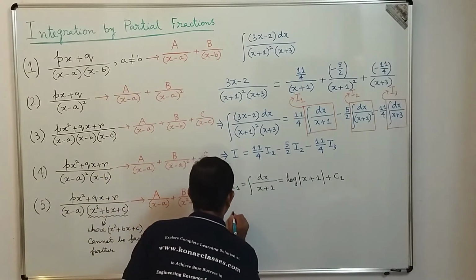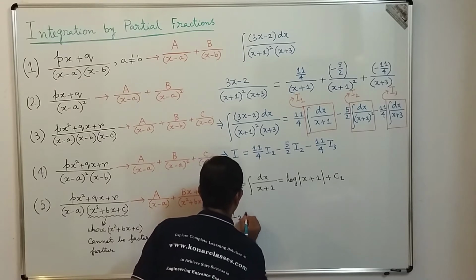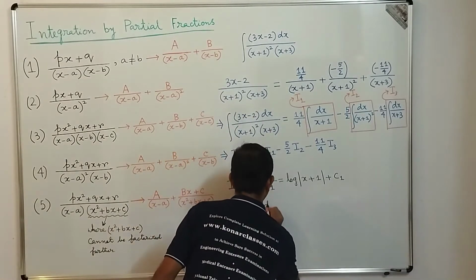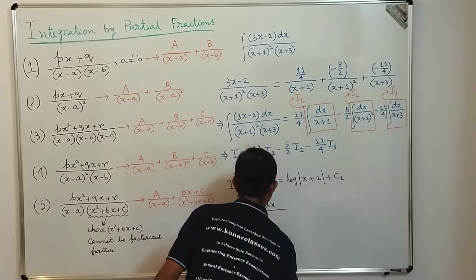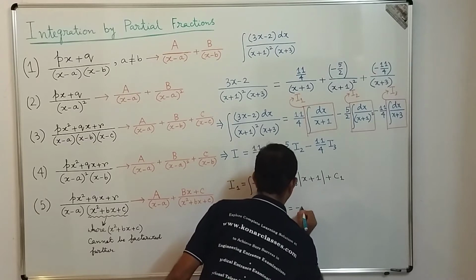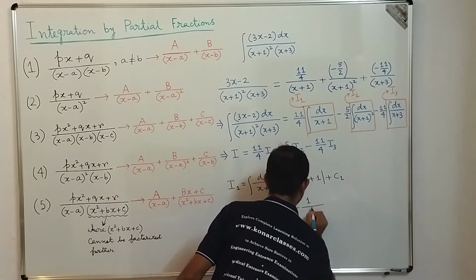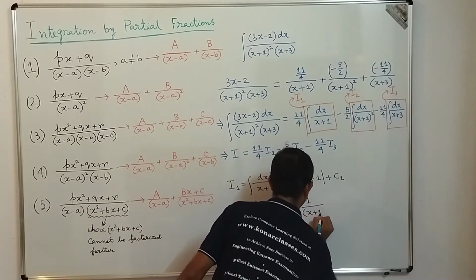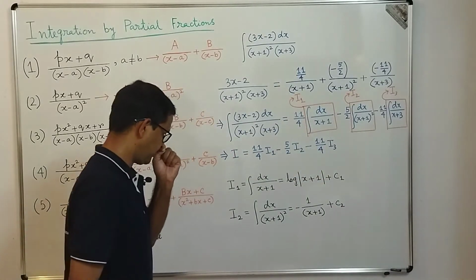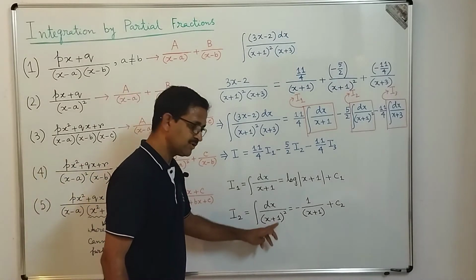And I2 is equal to integration of dx by (x plus 1) whole square. So that is equal to minus of 1 by (x plus 1) plus another integrating constant c2. In the similar manner, you can apply the method of substitution.